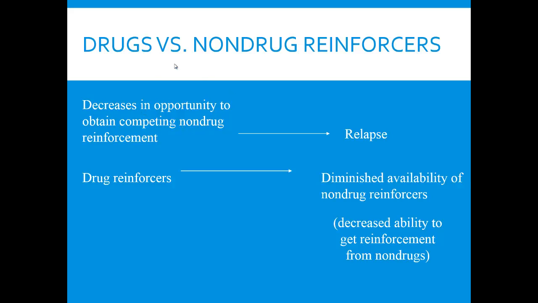And individuals that don't have big support systems, maybe because of their drug use and legal issues that came about as a result, can't find a job. So they have decreased opportunities to obtain non-drug reinforcement and to enjoy those natural reinforcers. Those set up situations that can lead to relapse.